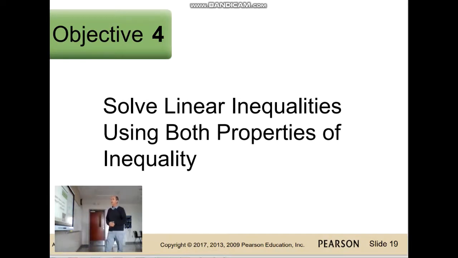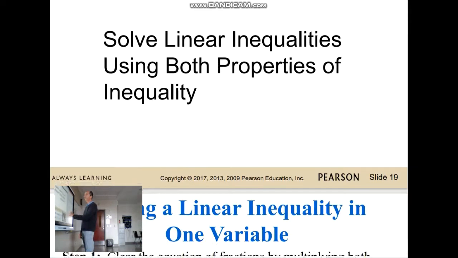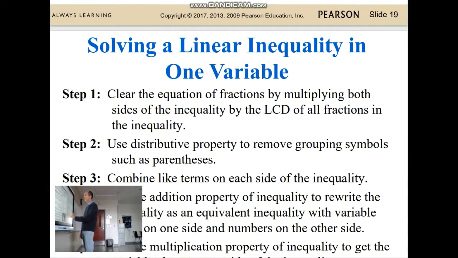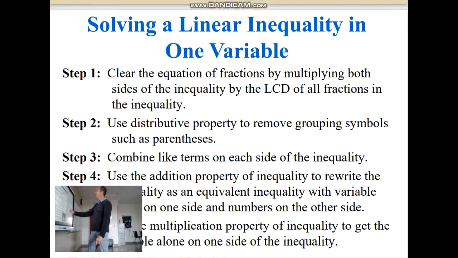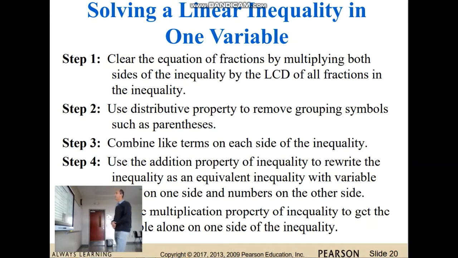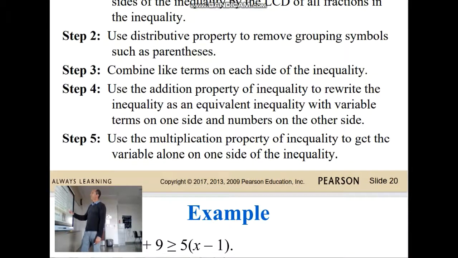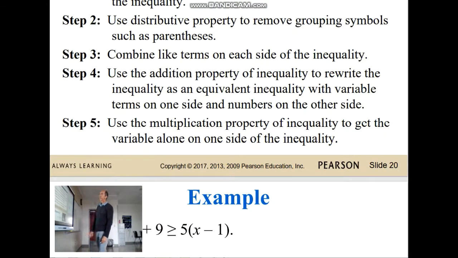Objective number 4: solve linear inequalities using both properties of inequality. We will apply the addition property and the multiplication property, and the step-by-step is this. Step 1, clear the inequality of fractions by multiplying both sides by the lowest common denominator. Step 2, use the distributive property to remove grouping symbols.